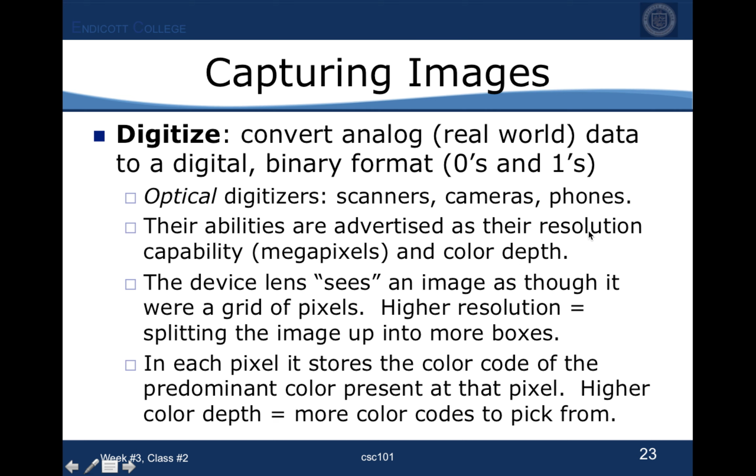It's going to say, oh, the camera has a resolution of 10 megapixels or something like that. And it probably also tells you color depth. It's a lesser advertised thing. But if you're actually buying a camera for real, you probably can. It might say true color, or some other color depth reading.